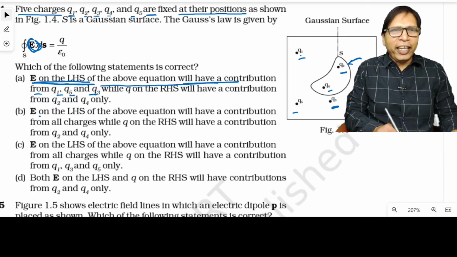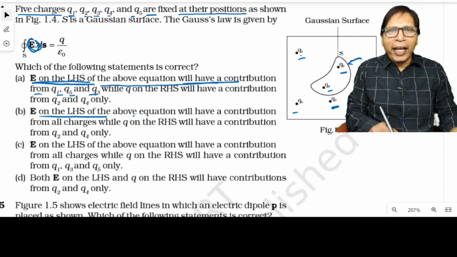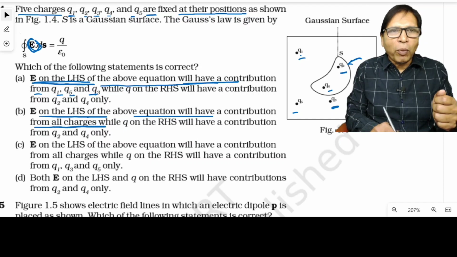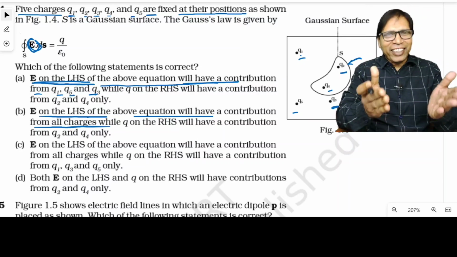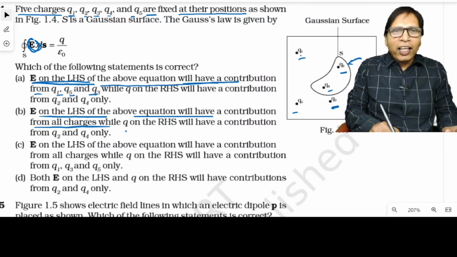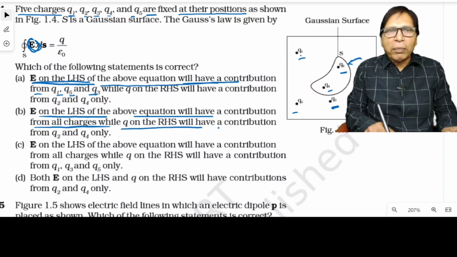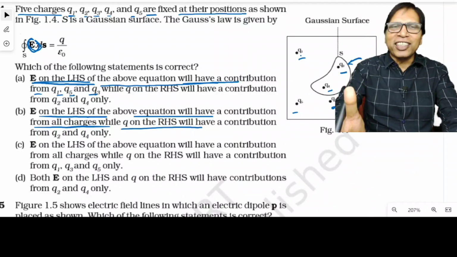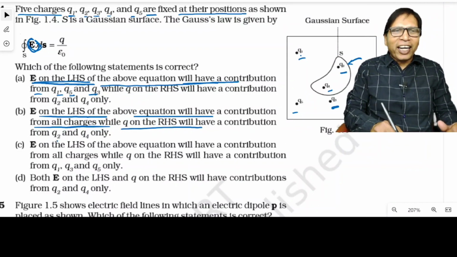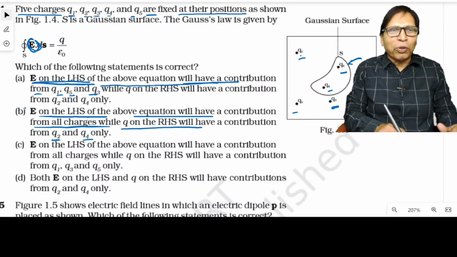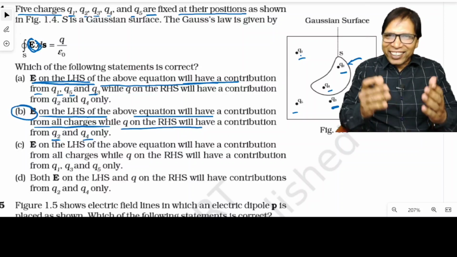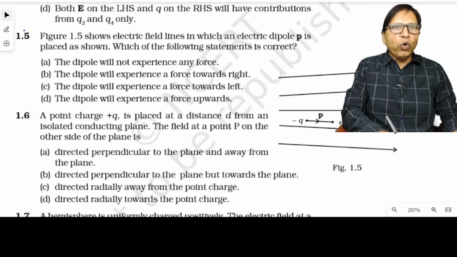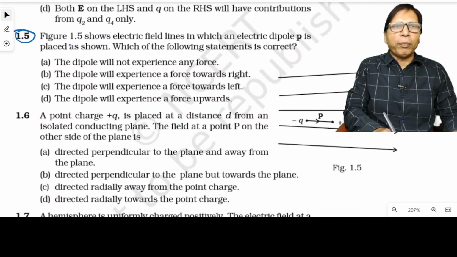Now option B: E on the LHS of the above equation will have the contribution from all charges. Okay, this up to here is correct, while Q on the RHS will have the contribution from the charge enclosed by the Gaussian surface. So look at this. This is the Q2 and Q4. So option B is correct. Okay, understood?